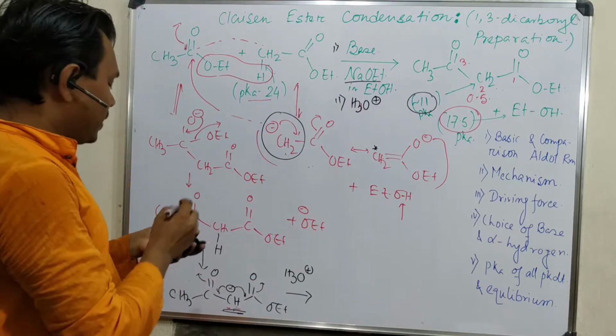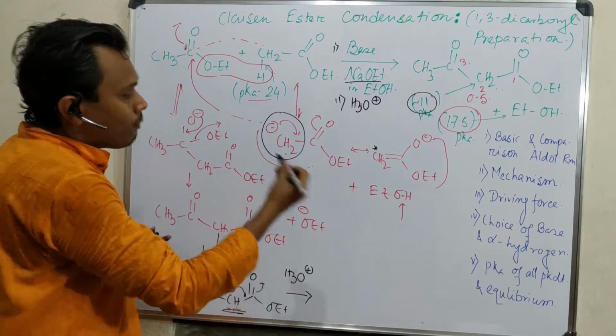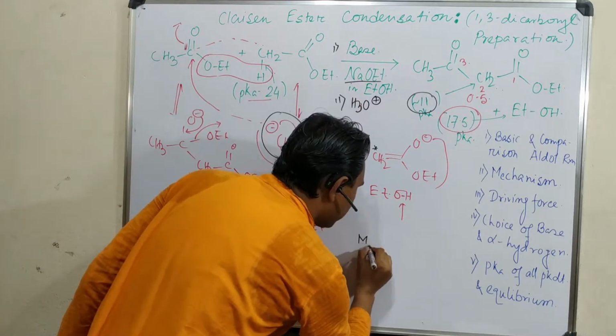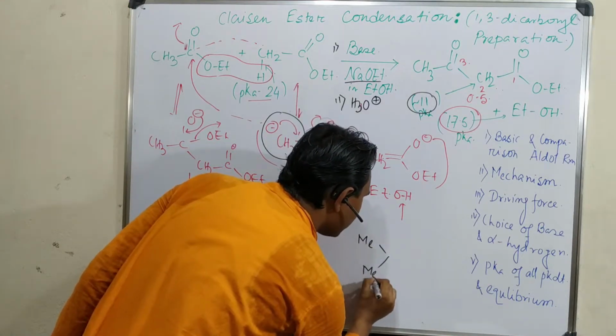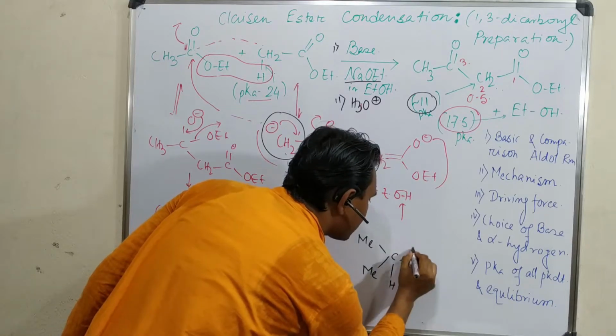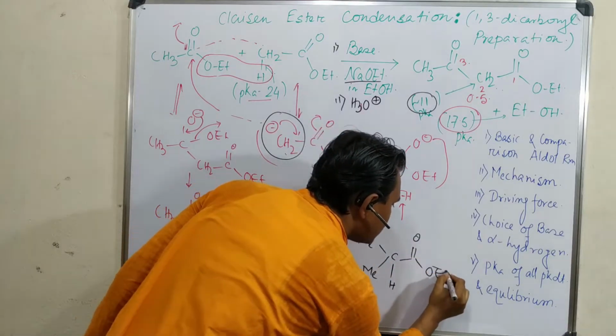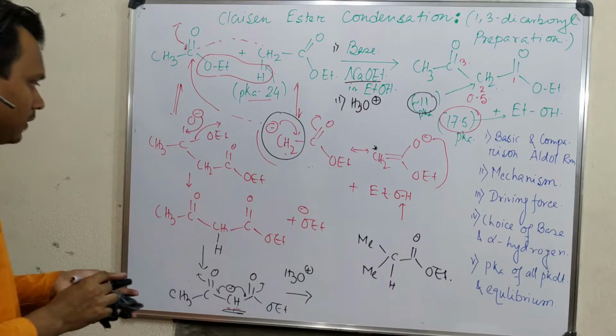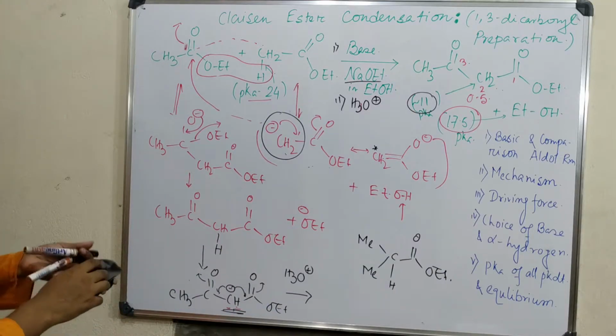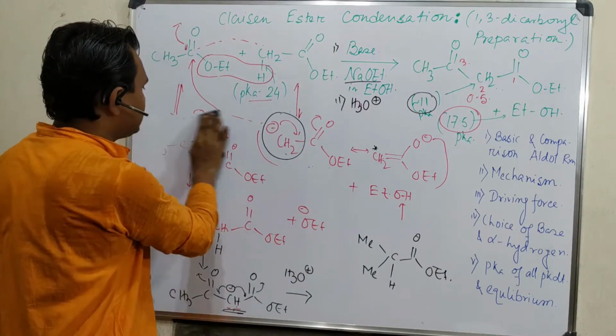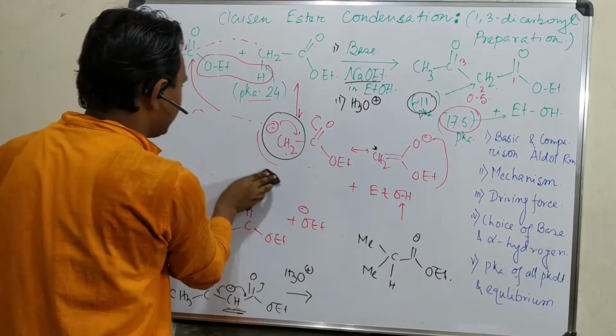But the question is, what if only 1 alpha hydrogen is present? For example, consider this reagent, OEt. This satisfies all the factors of this Claisen condensation, but here only 1 hydrogen is present.